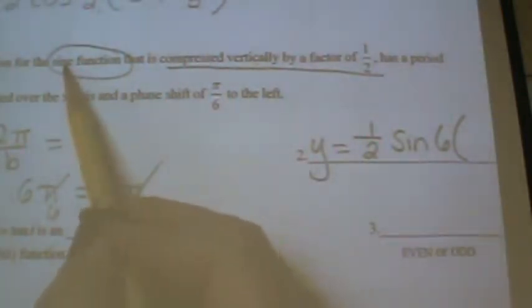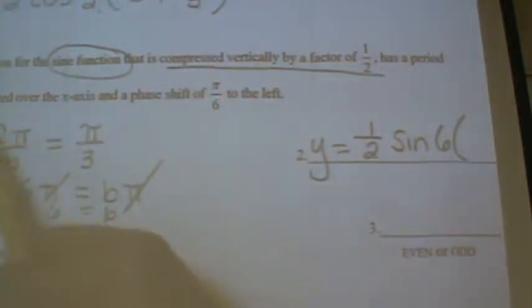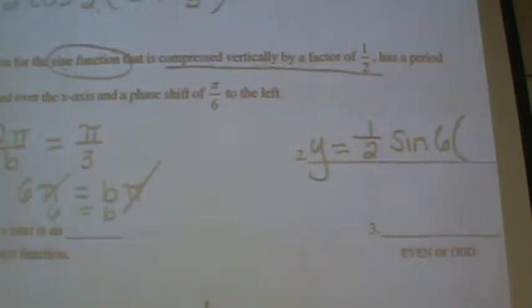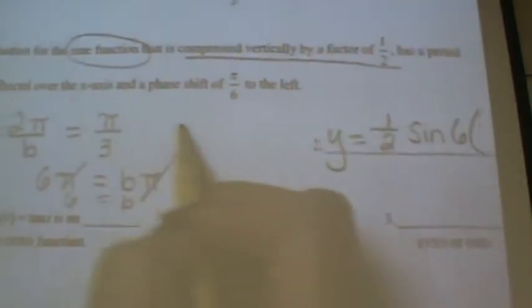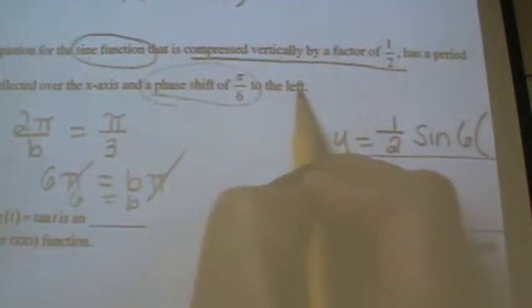Now, if this word were tangent, what's the definition of a period for tangent or cotangent? It's pi over b, not the 2. And then you would do it that way if it's a tangent. Now this is saying that we have a phase shift of pi over 6 to the left.